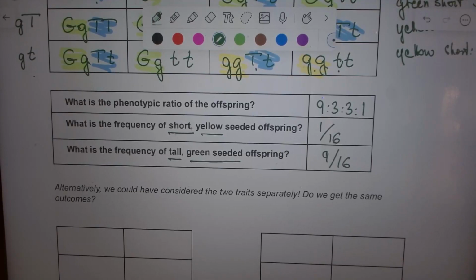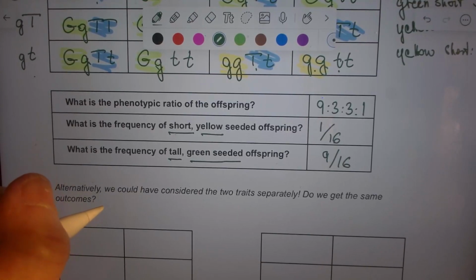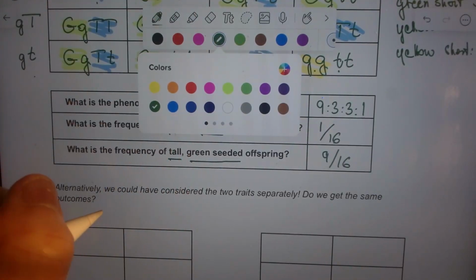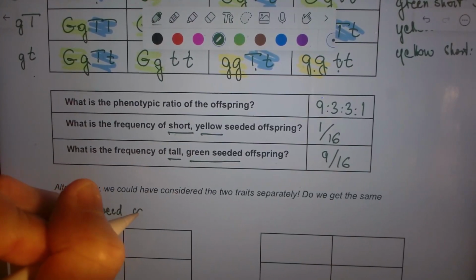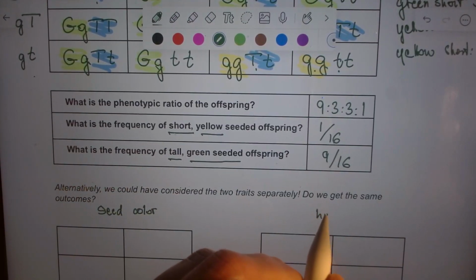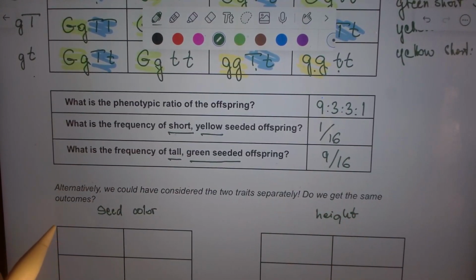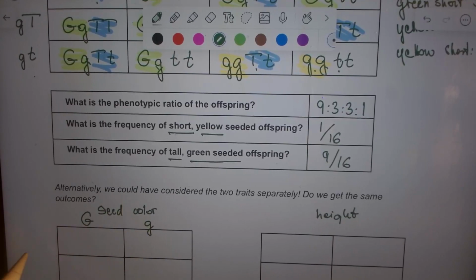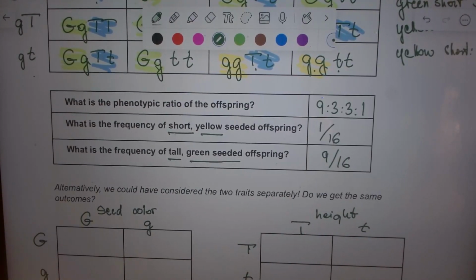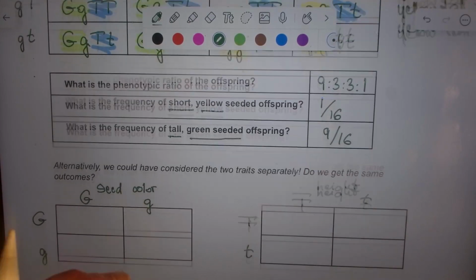Now, alternatively, we could have considered the two traits separately, using small Punnett squares, one for the seed color and one for height. Both of the parents are heterozygous for seed color and for height. Please complete the Punnett square.